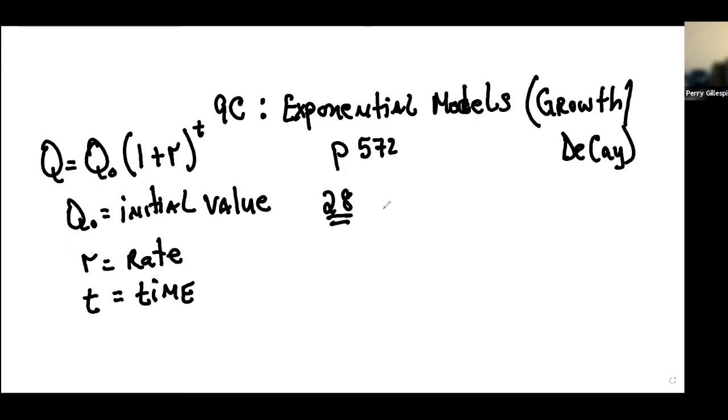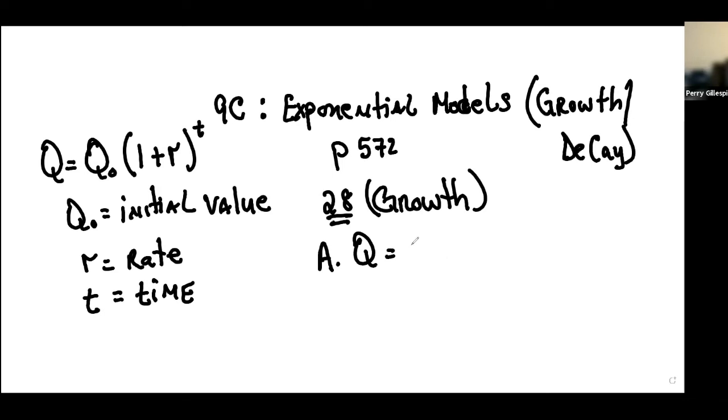So when we're talking about increasing, this is an example of exponential growth. This is important because of how we define my function Q. The initial value that we have for number 28 is 800 restaurants.